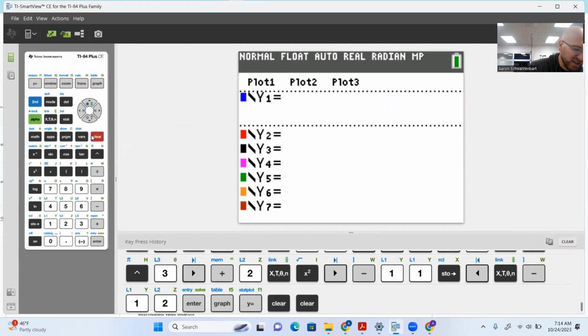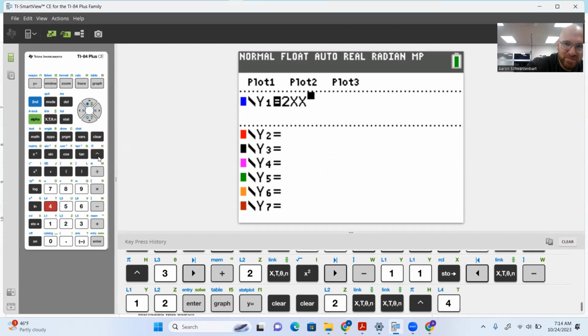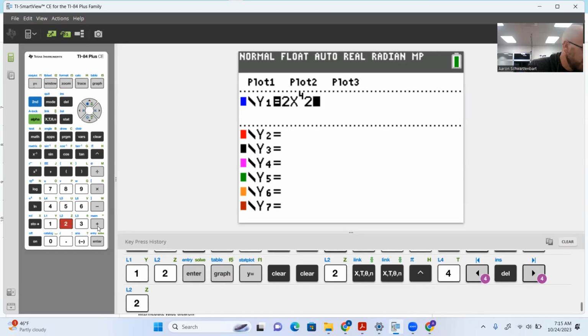Now let's do g of x. So I have an extra x here. I'm going to hit delete. We'll get rid of it for me. So there's the delete button on your calculator. It'll delete right over whatever you have.